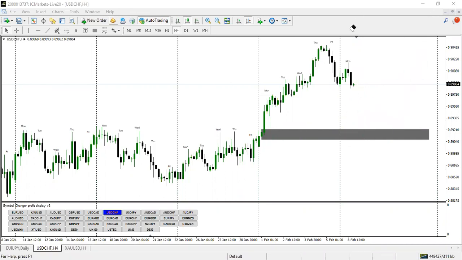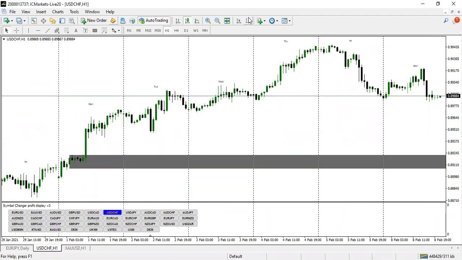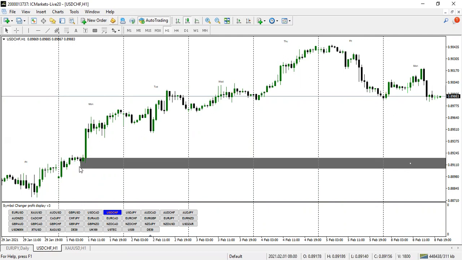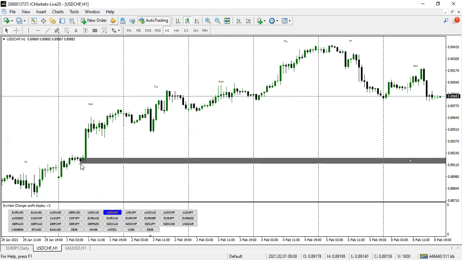Now, let's see what is happening in the 1-hour time frame. In the 1-hour time frame, we can see the market is making some kind of a lower high, though we expect it to drop down to break the structure. Then we can see that retracement into this zone, preferably on the 1-hour time frame, this particular zone.